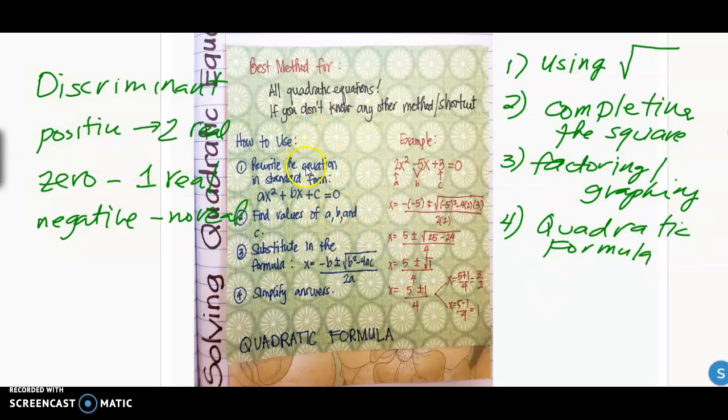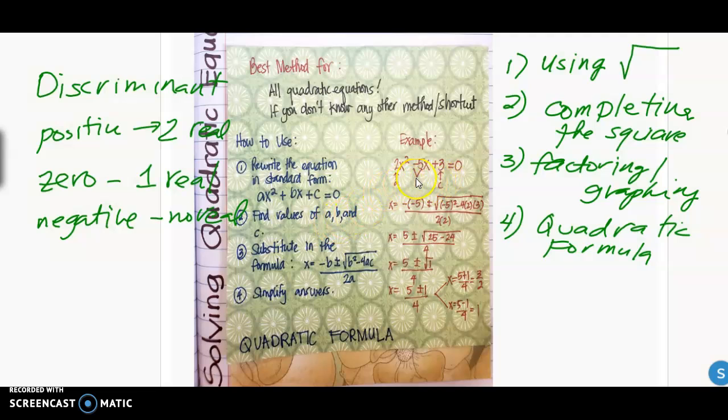So now let's take a look at how to use the quadratic formula. First, you have to make sure that it is written in standard form. So it has to be arranged from the highest degree to the lowest degree. And then after that, in the same way as we did in the discriminant, you have to find the values of a, b, and c and identify them correctly.